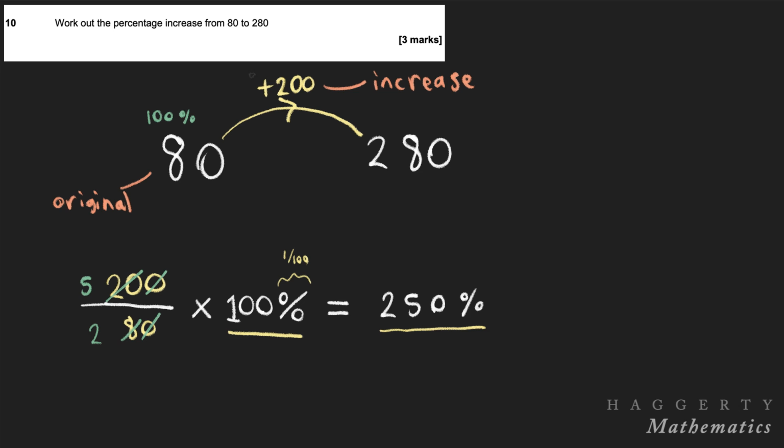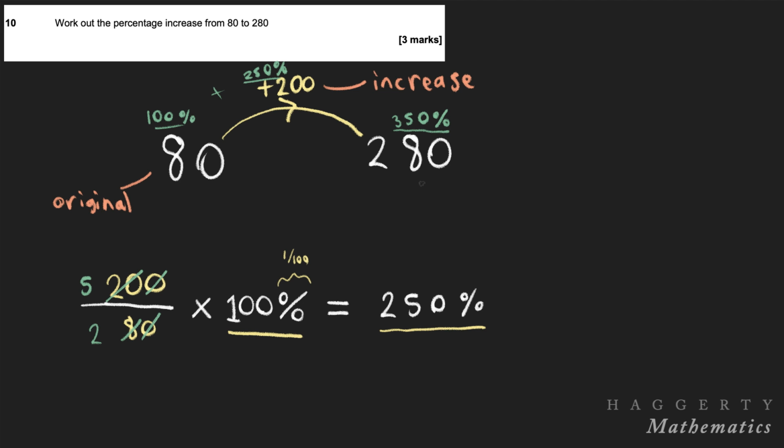This 200 is 250% of 80. And this 280 would be 350% of the 80. So all these percentages are relative to the 80. And you can see we are left with 350% of 80 because we've increased 80 by 250%, and 100% in addition with 250% leaves you 350%.